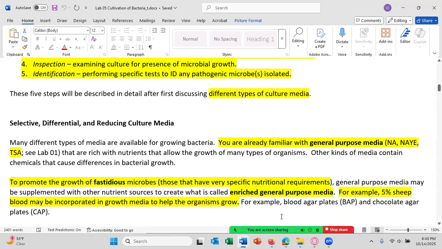The sheep's red blood cells provide the nutrients, at least for Streptococcus pyogenes, to grow. Any question about any of that? All right, so an enriched general purpose media is one that has additives added to it to grow fastidious microbes.